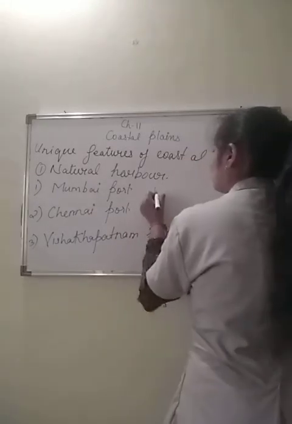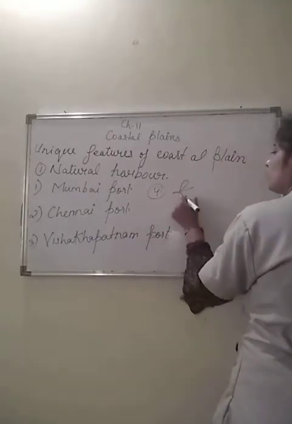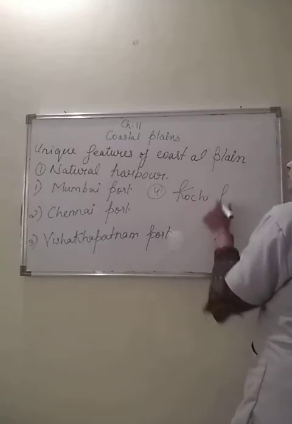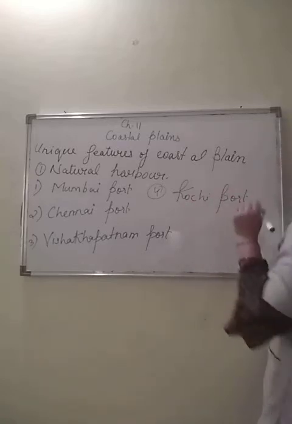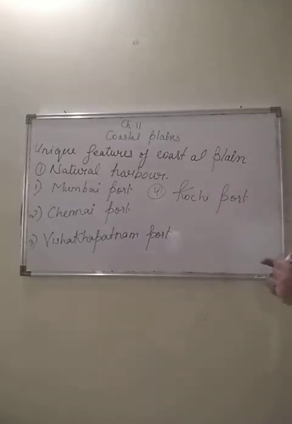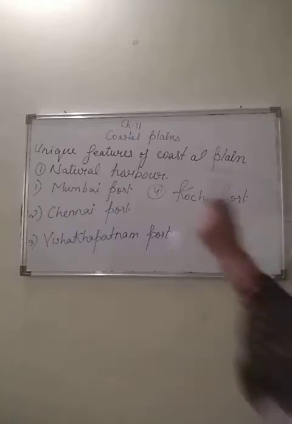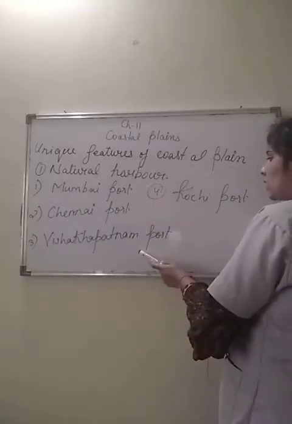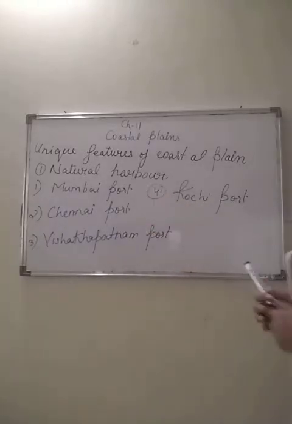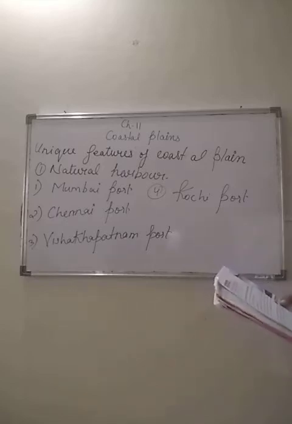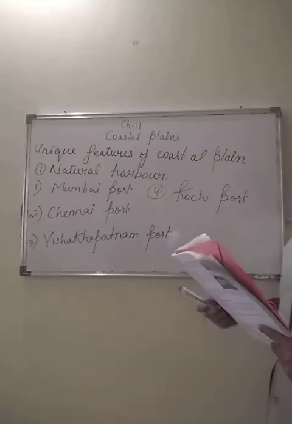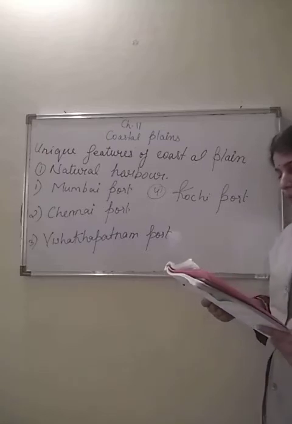And the fourth one is Kochi port. So these are the names of some of the natural harbours: Mumbai port, Chennai port, Visakhapatnam port and Kochi port.